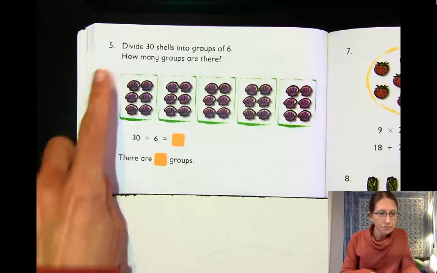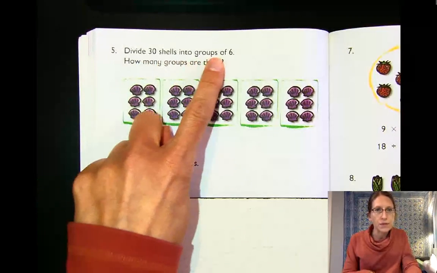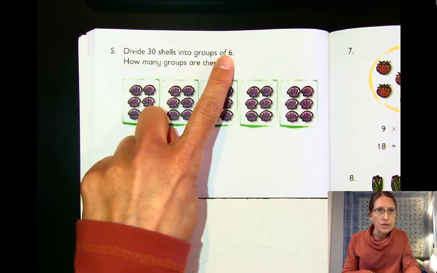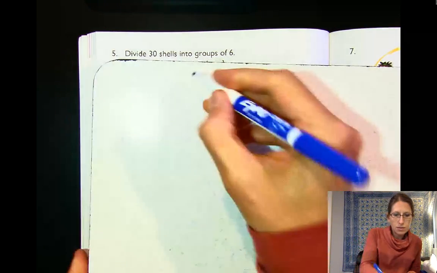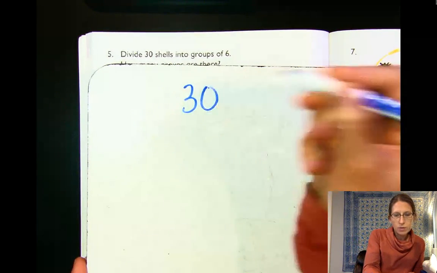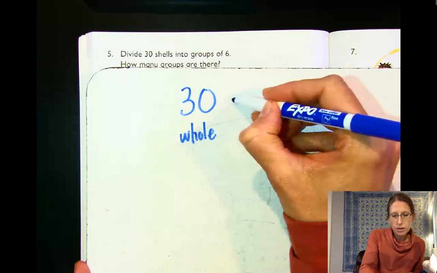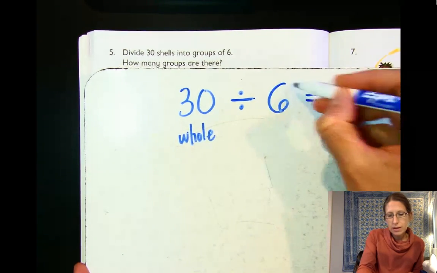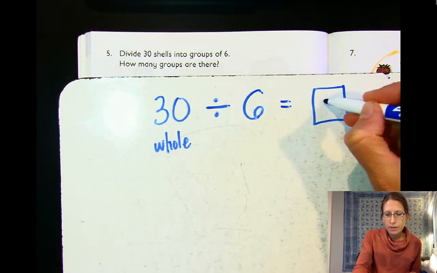So let's look at this one and then we'll talk a little bit more about what that means. All right, so it says divide 30 shells into groups of 6. When we divide, we start with our whole number, 30 divided by 6 equals, and then I'm just going to put a little box here with a little question mark.